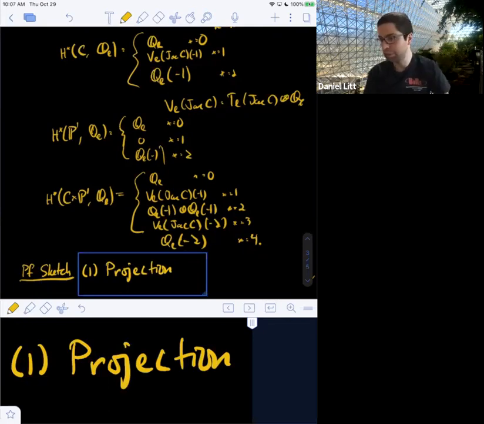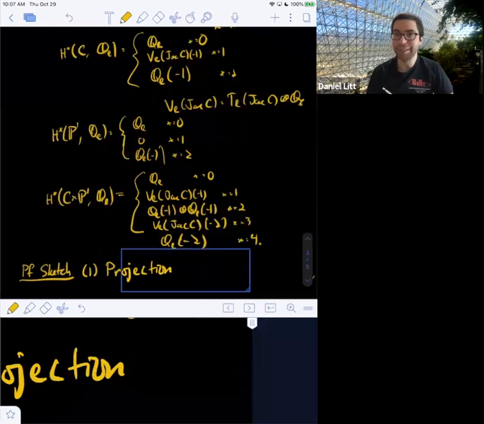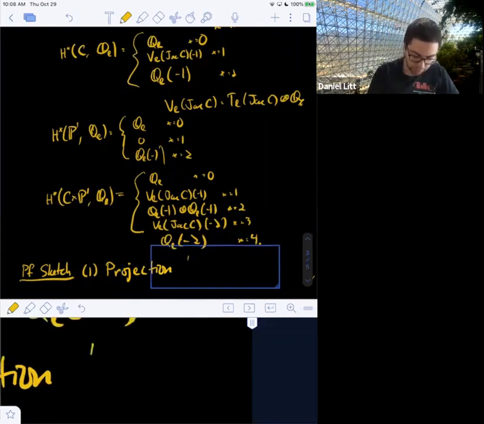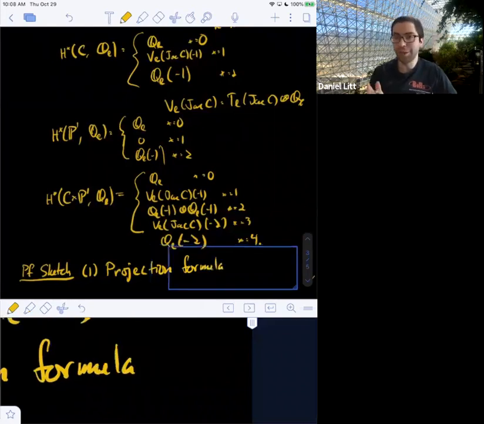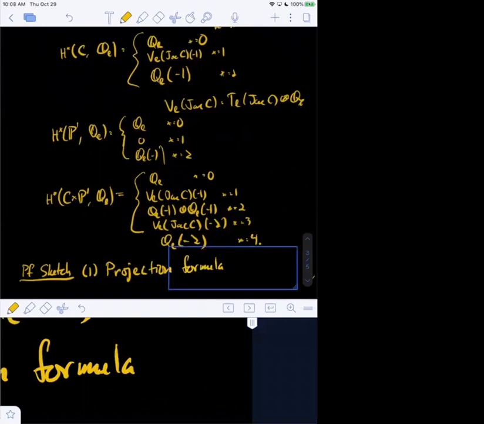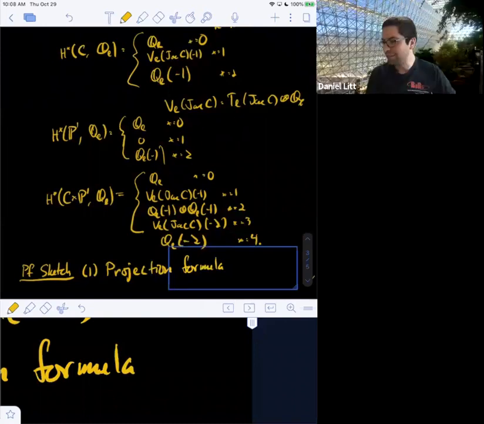That's what the Leray spectral sequence is about. But we're going to do that in the derived category because I think that makes the description a little bit more clean. We could try to do it with spectral sequences, but it would be really rough because you'd have to keep track of a lot.